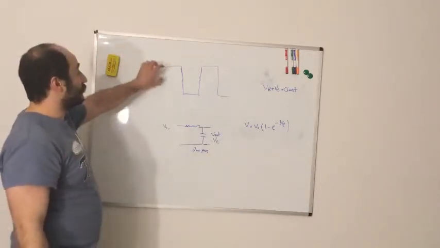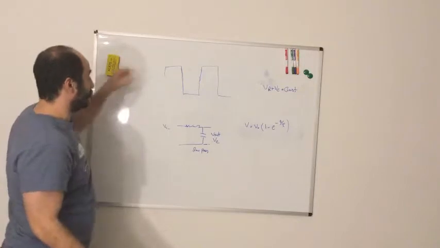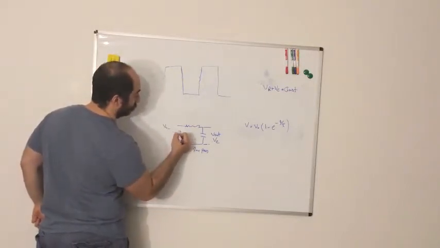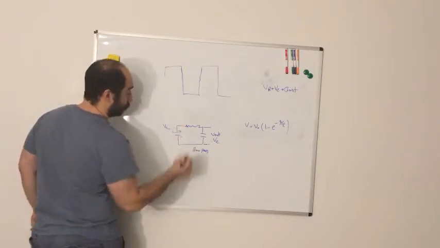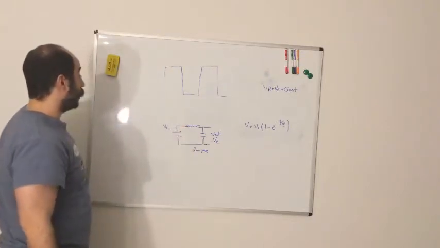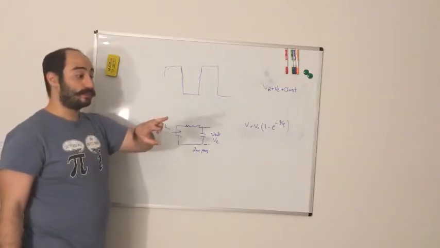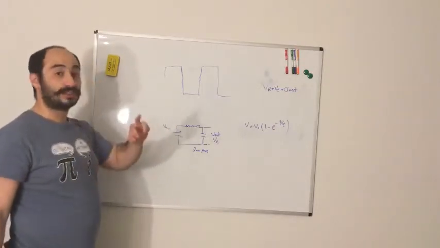We know that if in this case the potential is positive, if you have something like this, when you get to this point, the positive and negative poles are going to change.